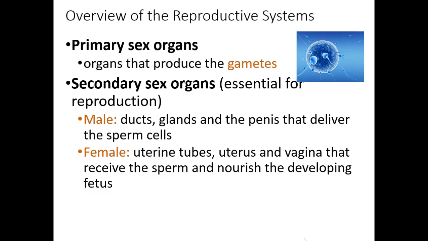Two X's lead to female characteristics: a uterine tube, a uterus, a vagina, and a uterus for nourishment of the fetus. An X and a Y lead you to make ducts, glands, and the penis for delivering sperm.